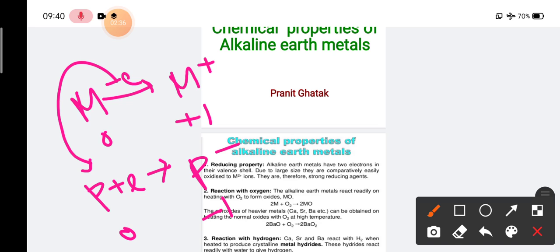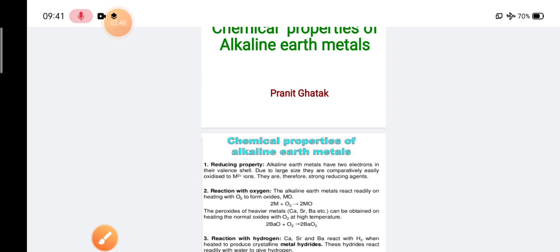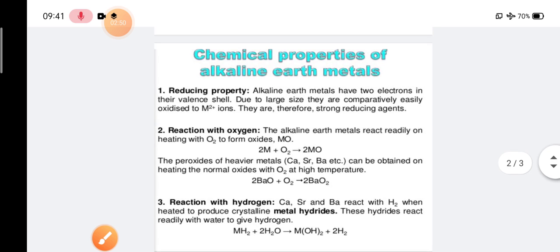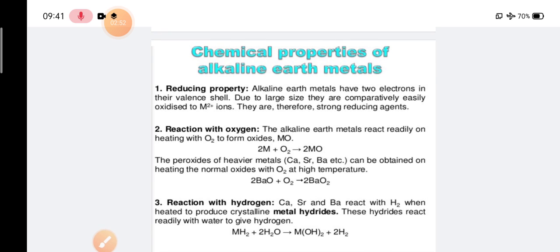So the reduction is going on. Any metal that reacts by donating electrons gets oxidized itself, but does the reduction of others. So any metals, especially the alkaline earth metals or alkali metals, are called reducing agents. Okay, so it has a reducing property.